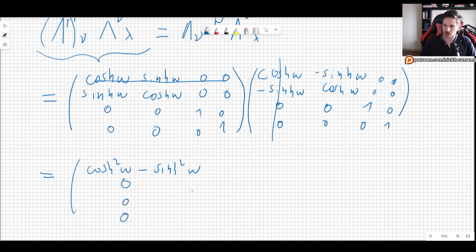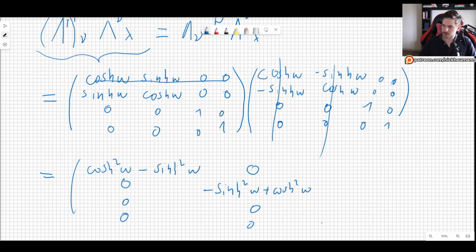And we still have 0 down there. Then in the next one, we get the first row times this column. So we get minus sinh cosh plus sinh cosh, so also 0. Then right underneath, we get this times this. So we get minus sinh squared of omega plus cosh squared.